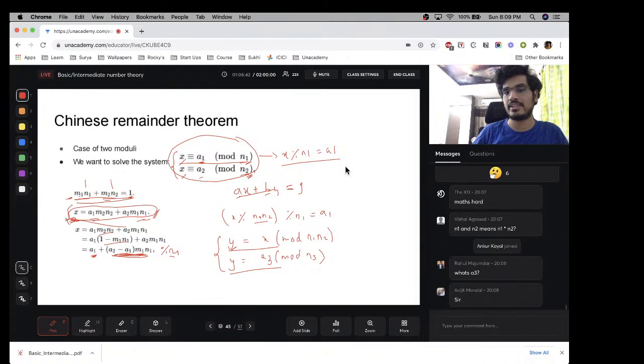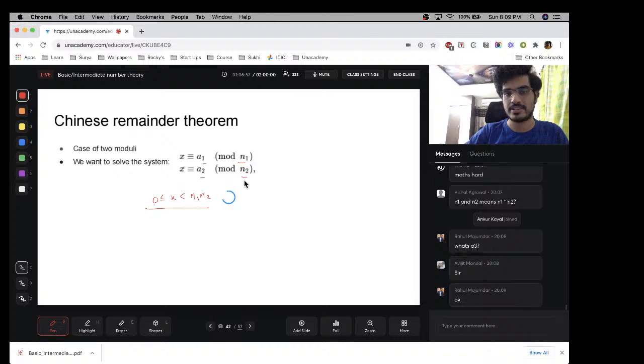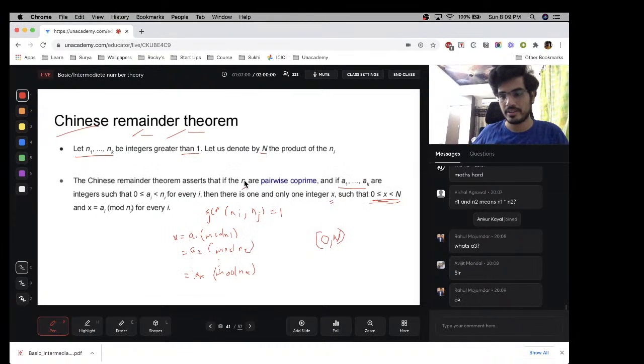Like there are k equations, right? X equal to a1 mod n1, x equals to a3 mod n3, like that. Like here there were k equations, x equal to ai mod ni.